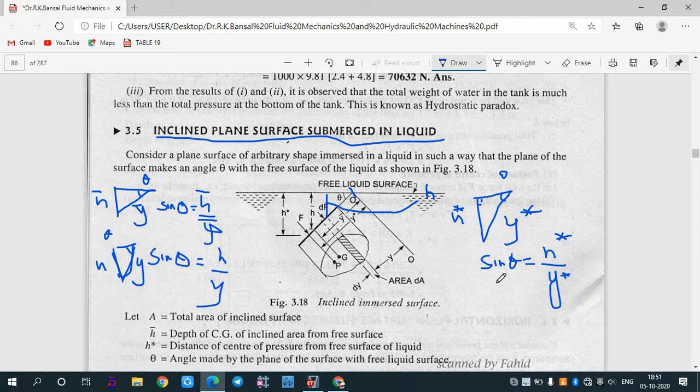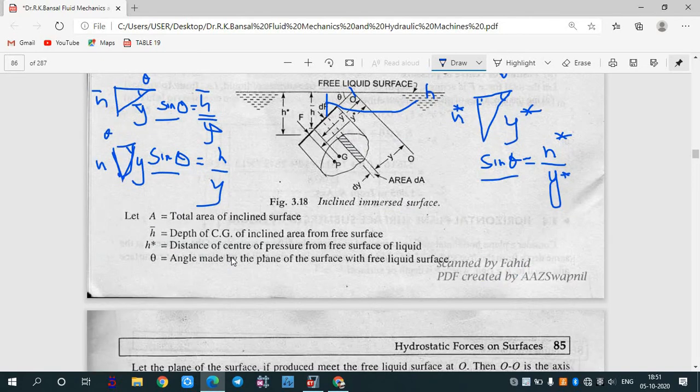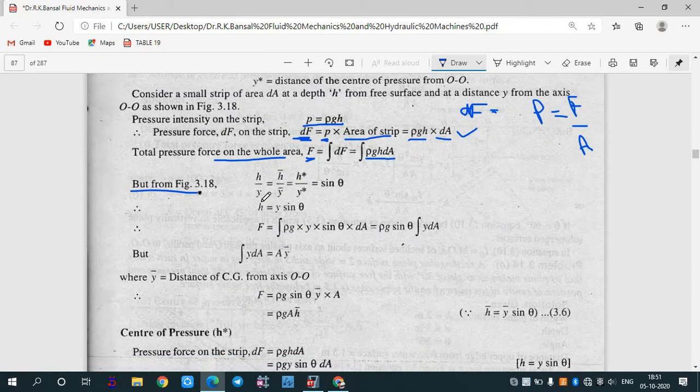As you can see, in this case the left hand side is sine theta, in this case also sine theta, in this case also sine theta. So we can say that h star by y star equals h bar by y bar equals h by y. That is the same thing which is written over here: h by y equals h bar by y bar equals h star by y star. These are all equal to sine theta.